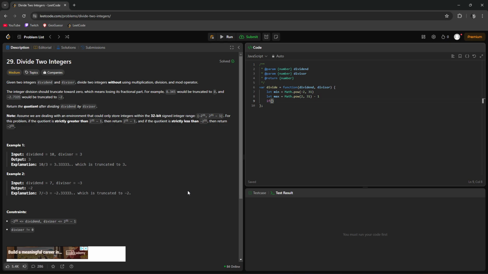If the quotient is strictly greater than 2 to the 31 minus 1, then return the max, and if it's strictly less, then return the min. Okay, let's take care of the edge case. Dividend equals min and divisor equals minus 1, then we can return max.